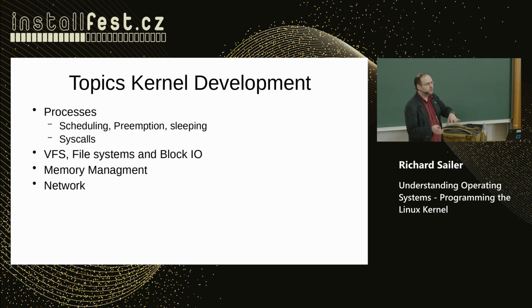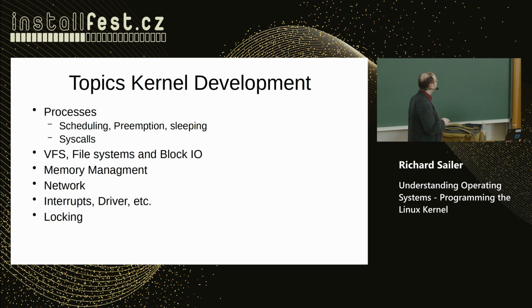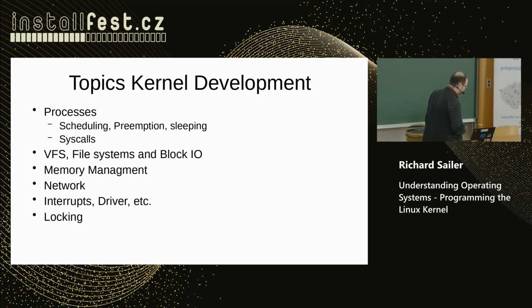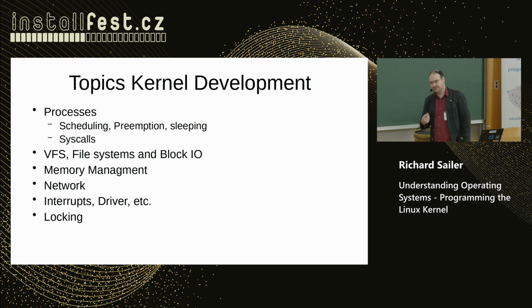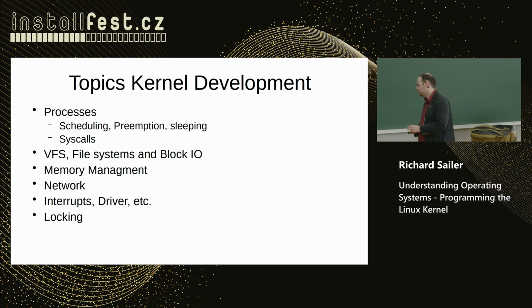I will also explain in more detail what kernel space actually means. So what do we have more? Interrupts, I already covered them. And locking. You know locking from user space already, usually your semaphores and locks for some critical area. It is actually the same in the kernel.